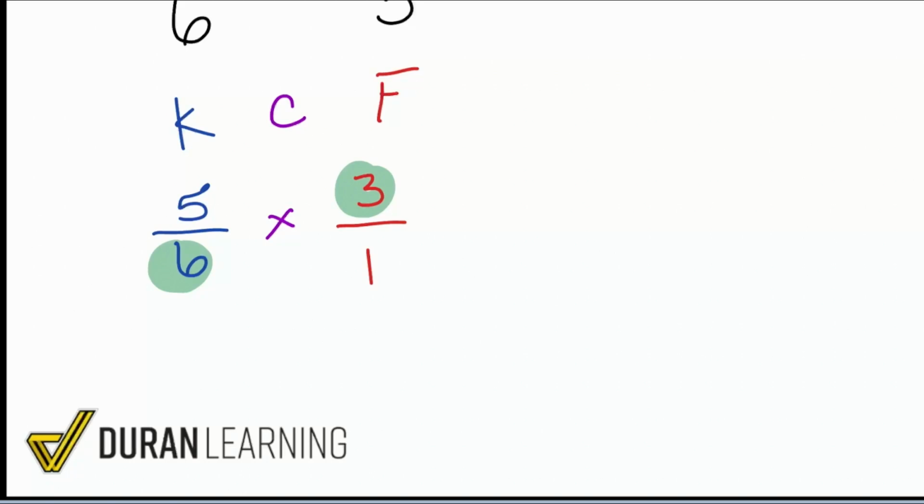To simplify, we will divide 3 out of both the numerator and the denominator, top and bottom, nice and easy. So we will have 5 up top still, the 1 on the bottom over here. From the top right, 3 divided by 3 gives us 1. And 6 divided by 3 for the bottom right here, that's going to give us 2.